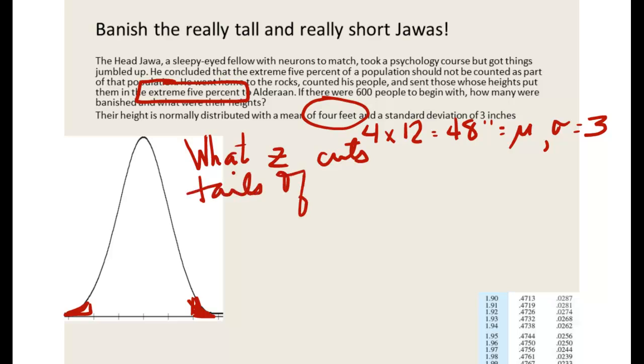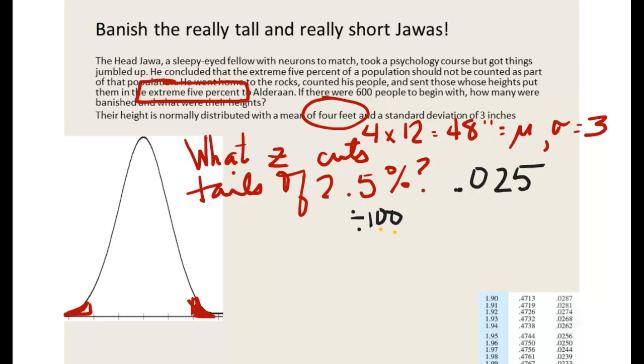So the question then, of course, becomes for the head Jawa or his administrative assistant: just how tall is too tall and just how short is too short? The tails of 2.5% correspond to a proportion of 0.025.